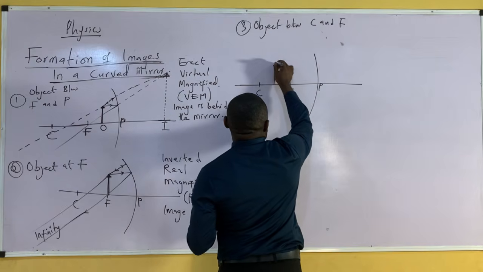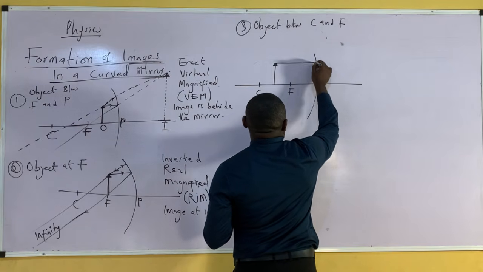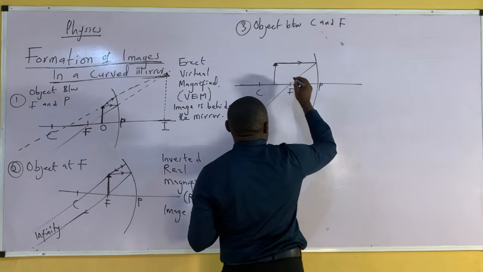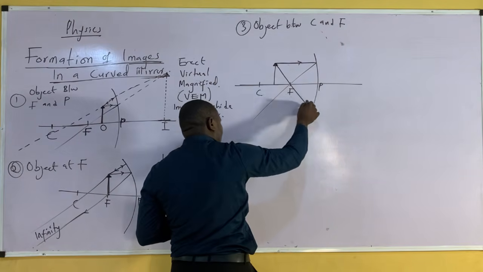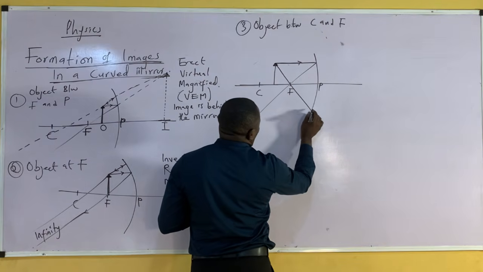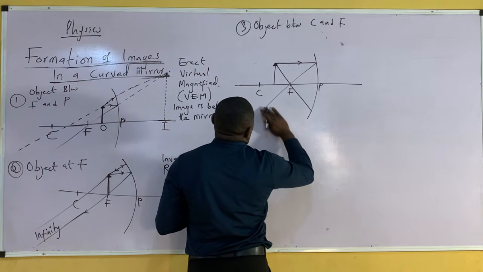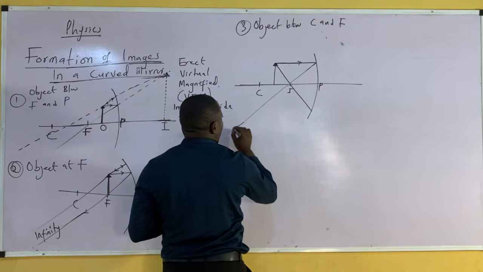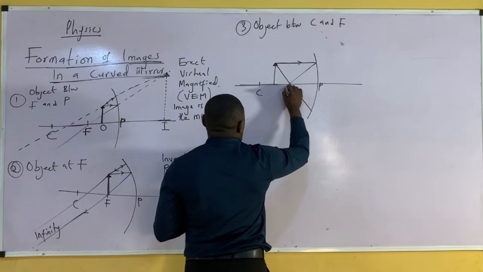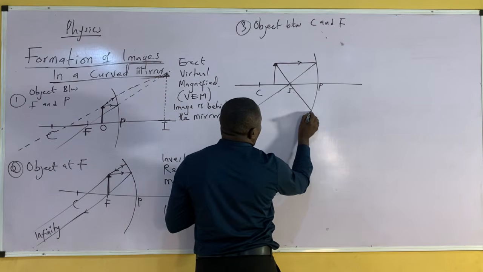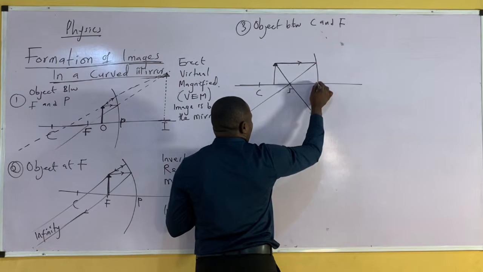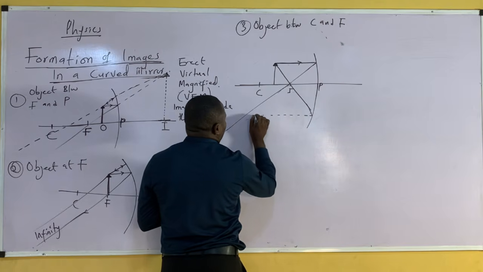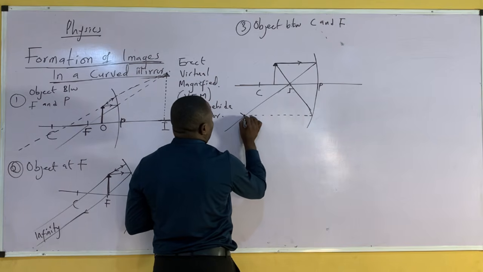What will happen is this: the ray of light travels in this direction and goes through the principal axis, then it will come down and go parallel to the principal axis. So it will meet somewhere here.